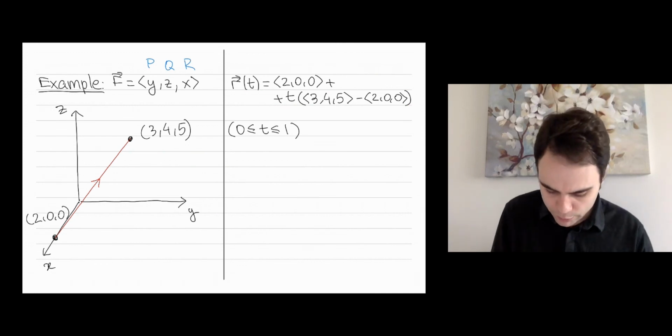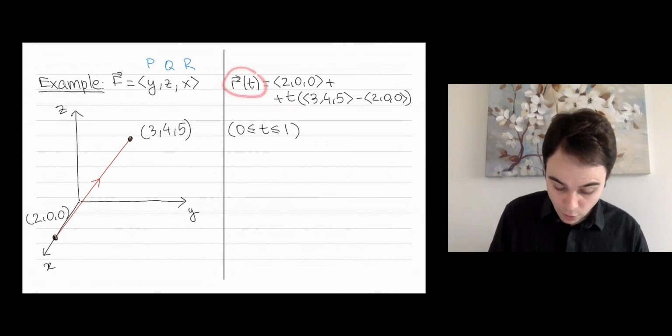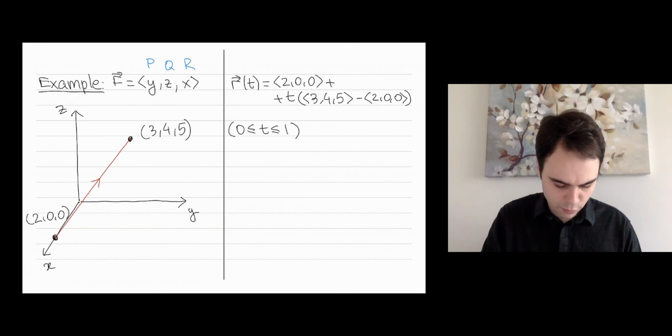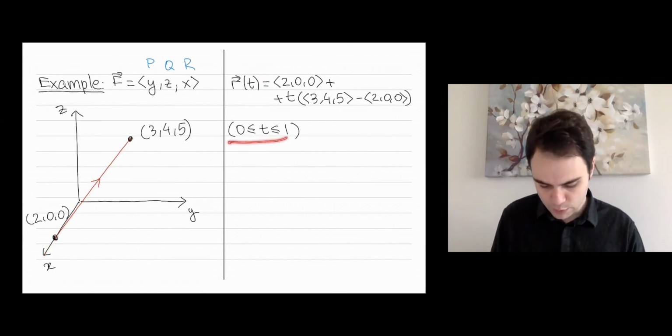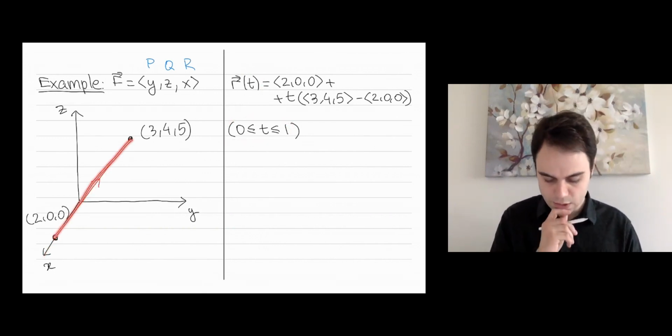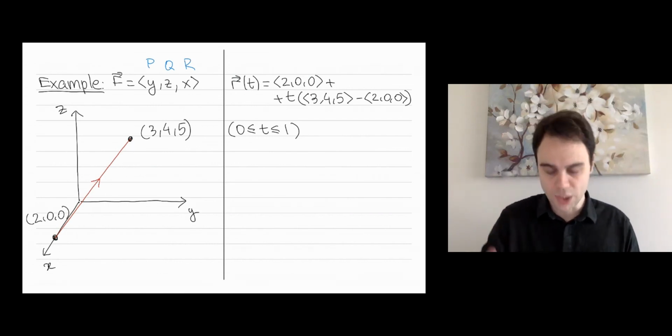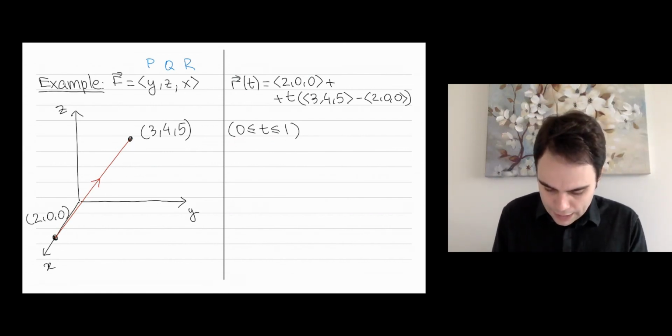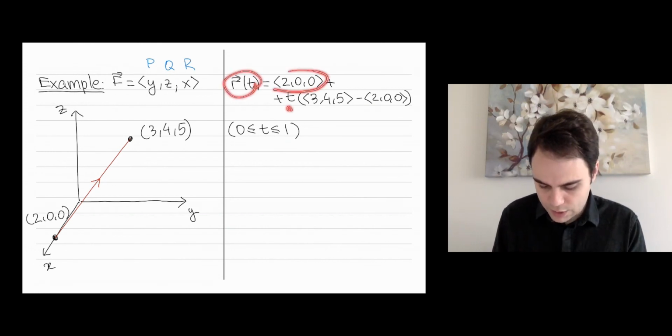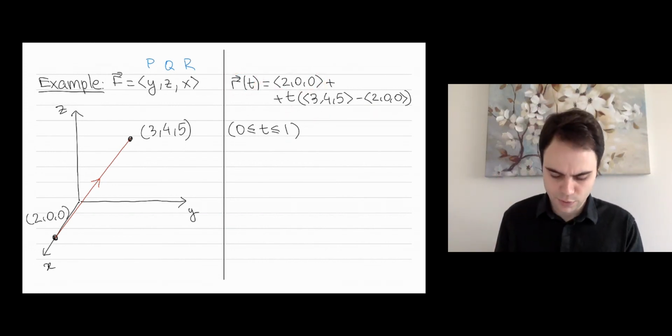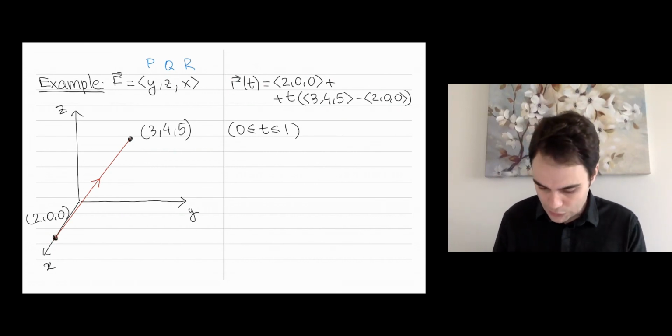My parameterization is supposed to always give me points. So r of t is supposed to, for every t between 0 and 1, give me a point on this line segment. So does this happen? Let's see. When t is 0, r of t is (2, 0, 0) plus 0 times some other stuff. That's (2, 0, 0). So when t is 0, I'm over here. When t is 1, r of 1 is (2, 0, 0) plus 1 times endpoint minus (2, 0, 0).